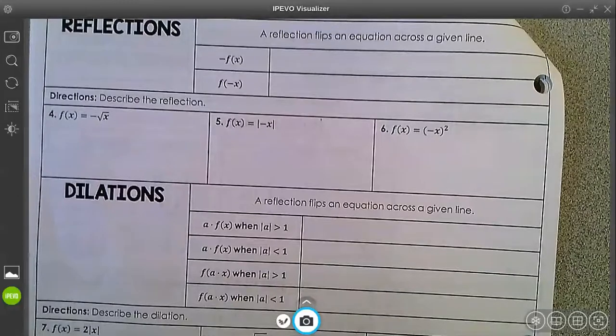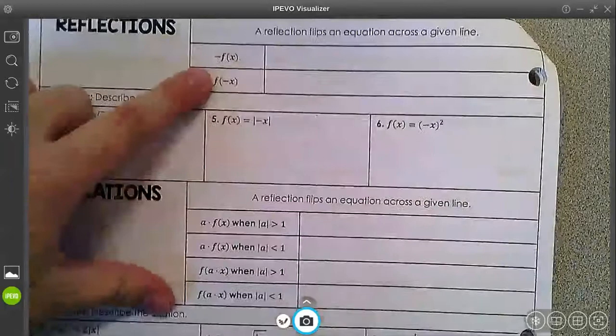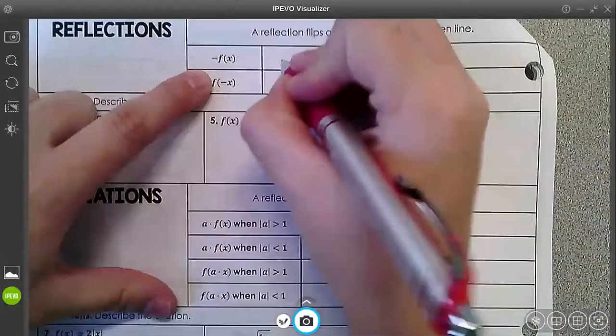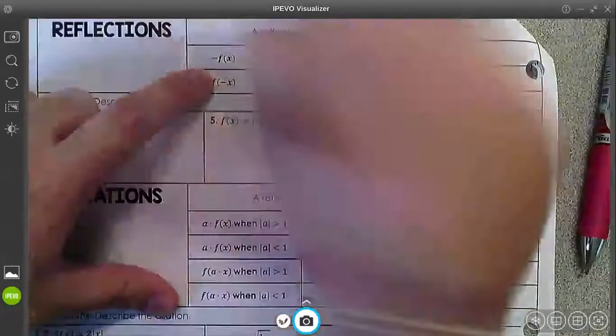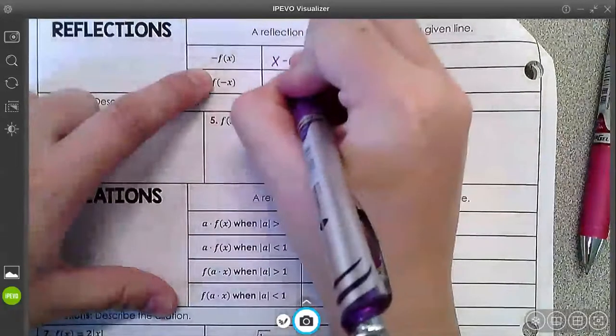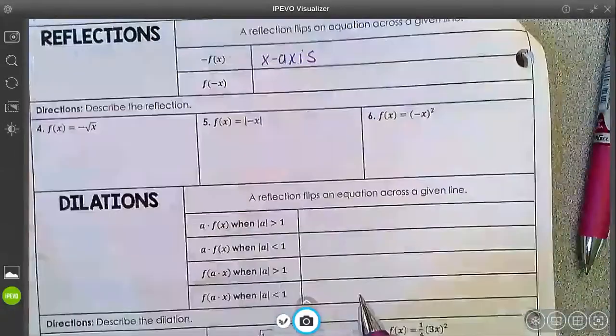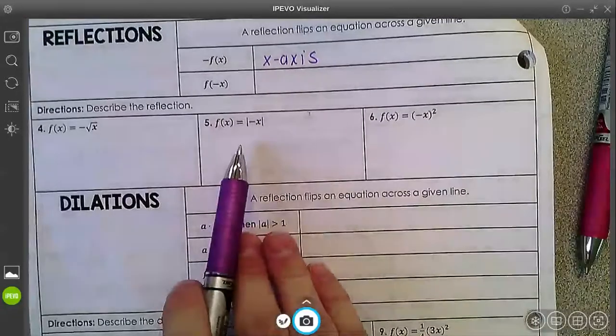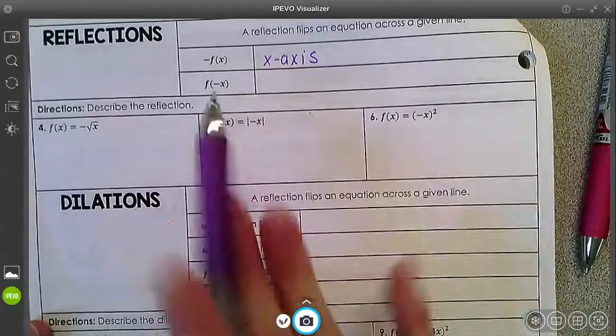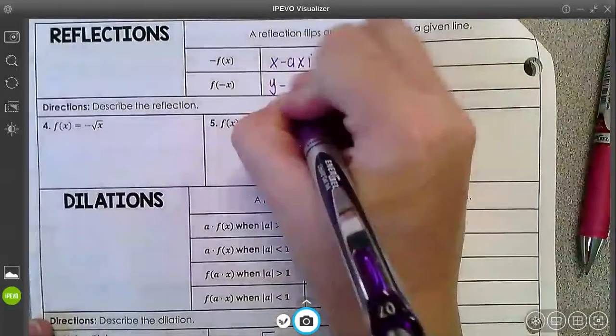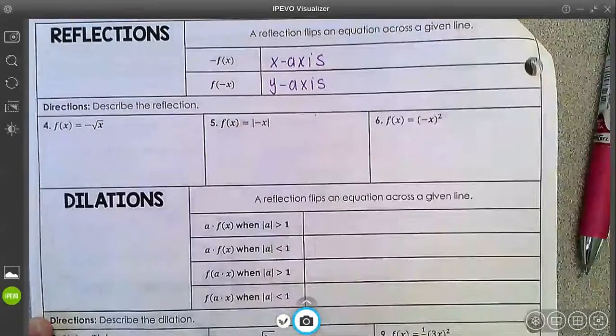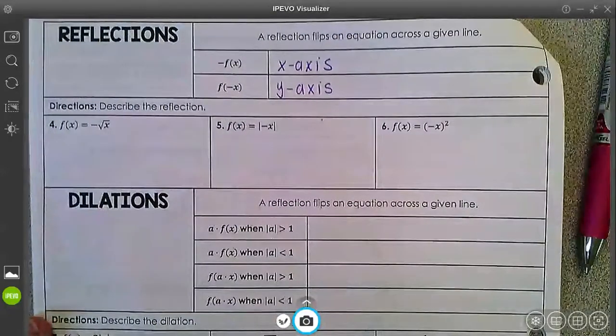If the negative is outside of the function, then it reflects across the x-axis. If it's on the inside, it's the y-axis.